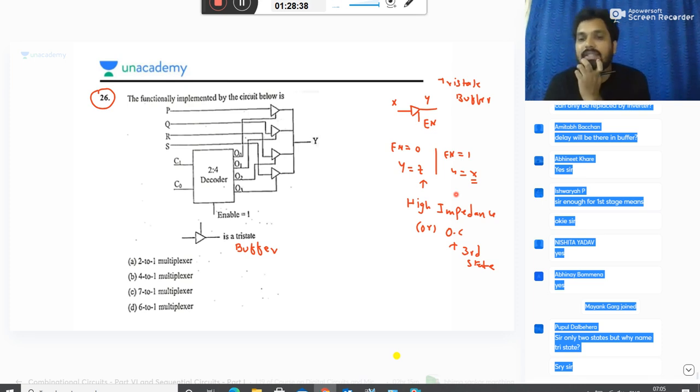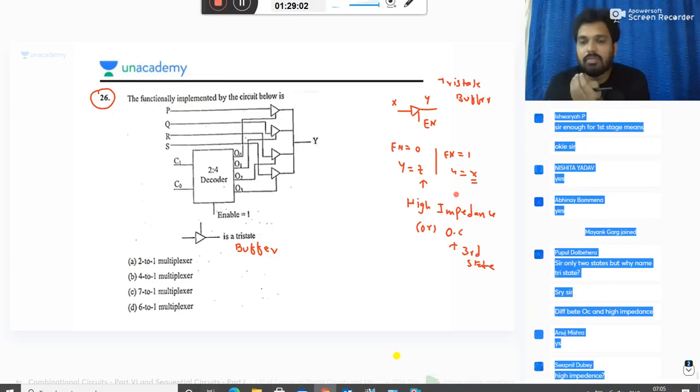That's why it is called tri-state. Is it clear now? If you have doubt, ask me, no problem, because it may be relatively new for you.